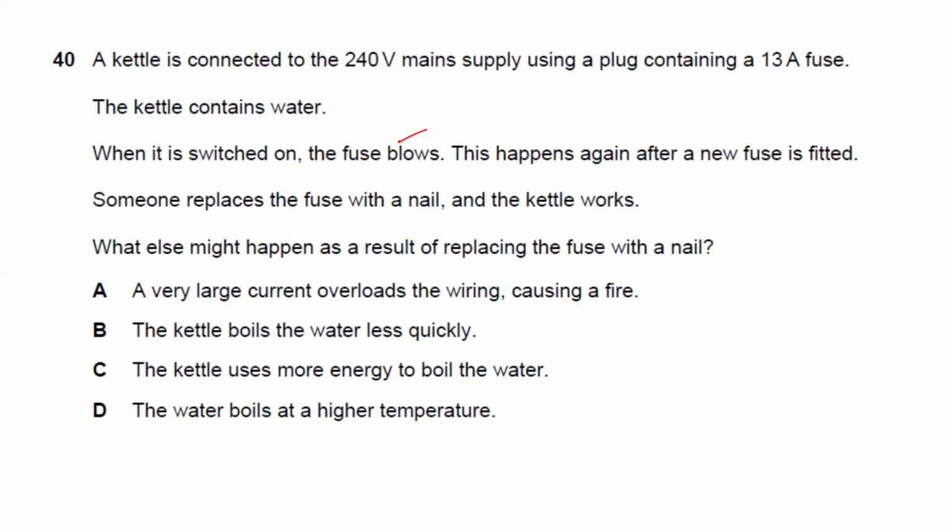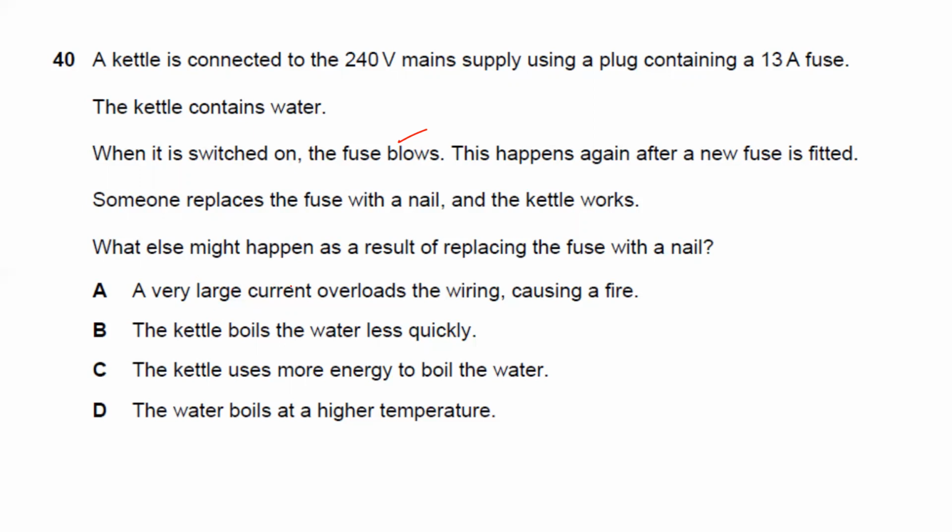A high-rated element is just added to the circuit in order to complete the circuit. So now the kettle will work, but the danger of a person getting electrocuted is still there, because the fault is not removed.